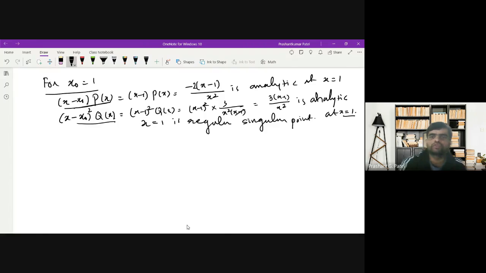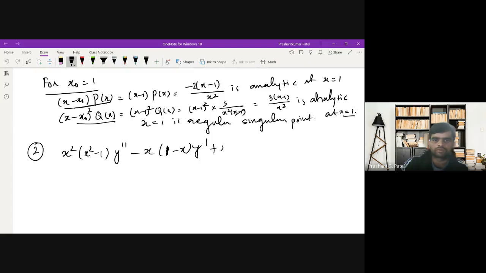Let me give you one more example to do yourself. So for this second example: x square into x square minus 1 y double dash minus x into 1 minus x y dash plus 2y equal to 0.